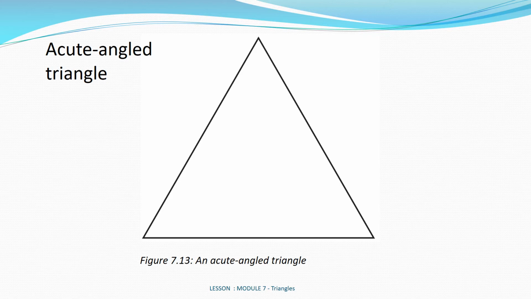So we can say this is an acute angled triangle due to the property that says the angles must be less than 90 degrees. If we look at all of these angles here, even though I didn't name them in this instance, the angles must be less than 90 degrees. That is an acute angle.